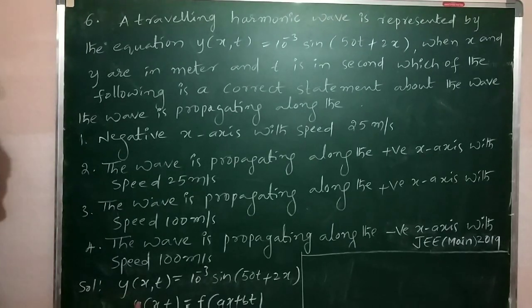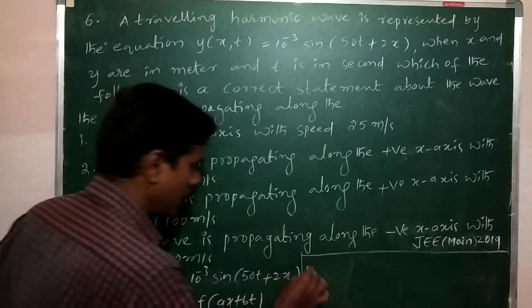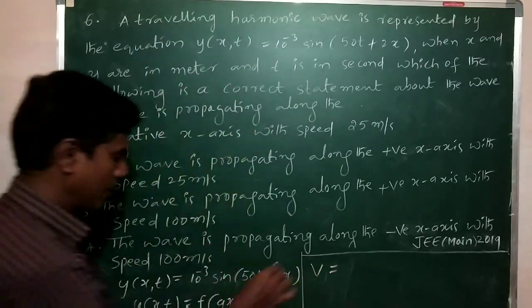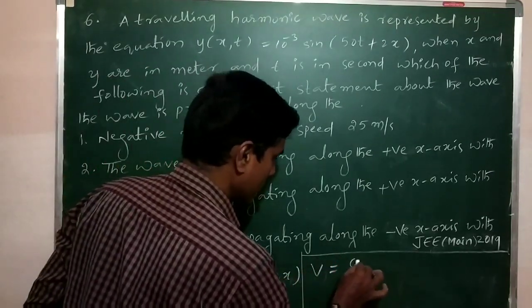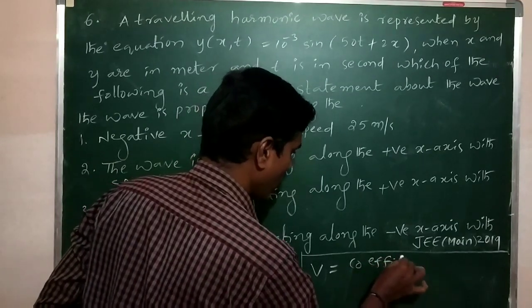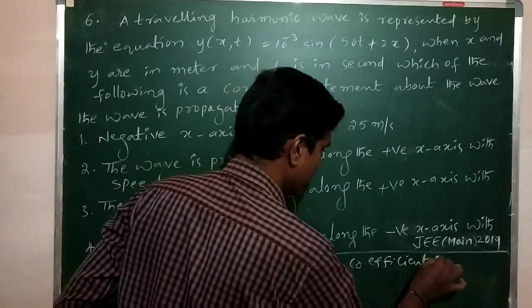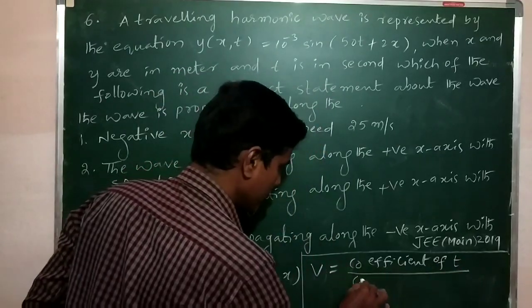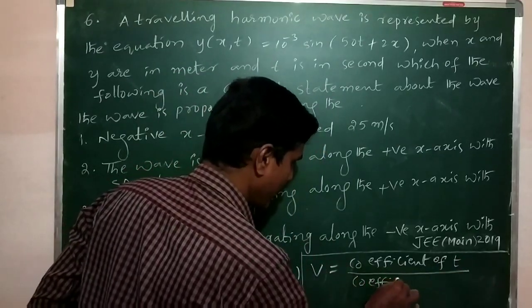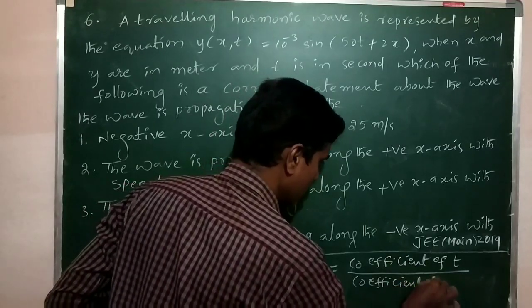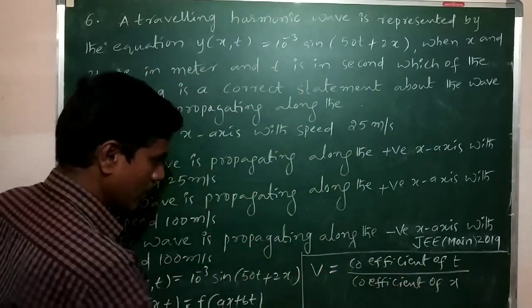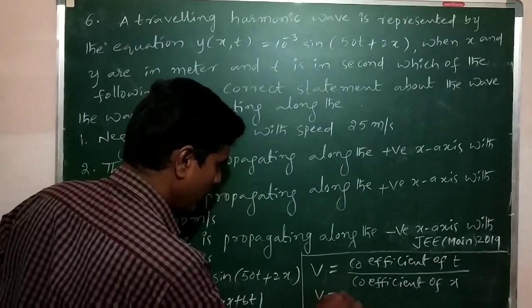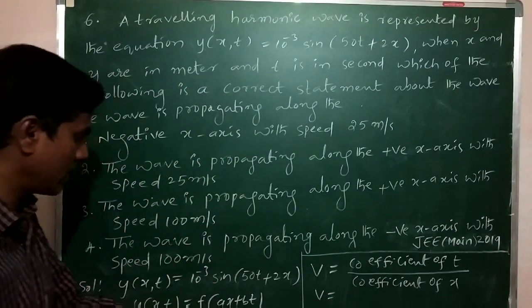Comparing with this equation, we can write the speed v equals the coefficient of t divided by the coefficient of x. So the speed v equals, what is the coefficient of t here?